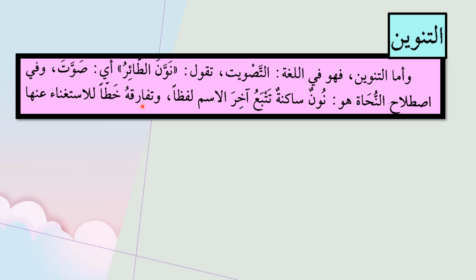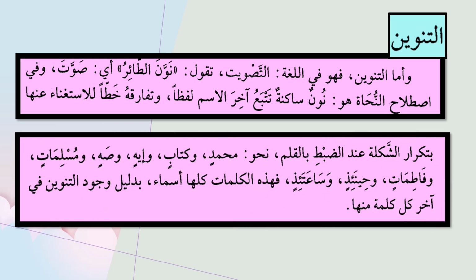Whenever you write a noun with tanween kasratan, you don't write a kasratan and also a noon sakina at the end. We just give a tanween and it is free in writing, and it's not needed.